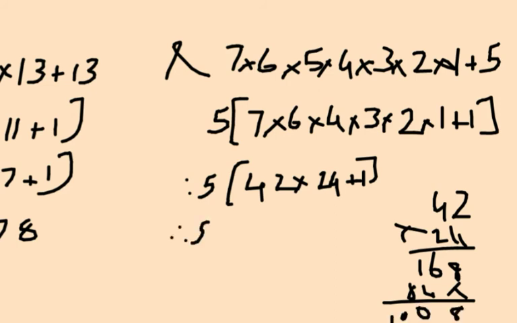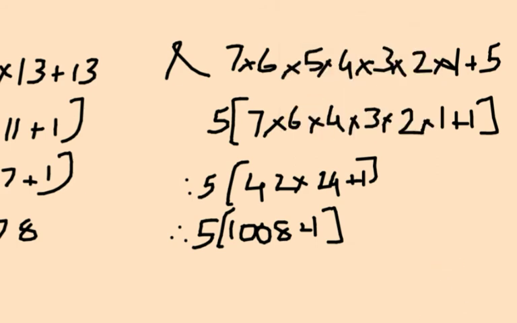Therefore 5 into (1008 plus 1), so I wrote therefore 5 into 1009.